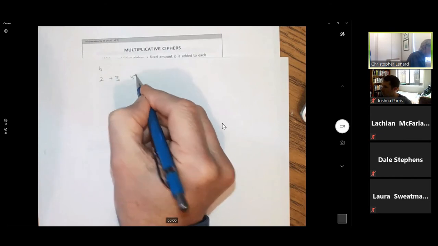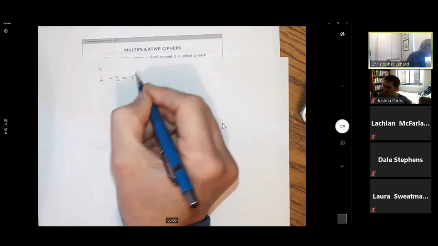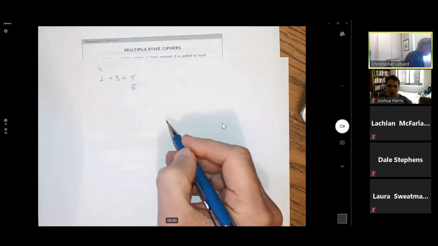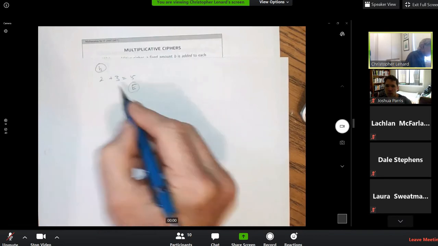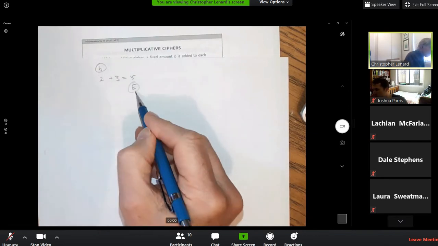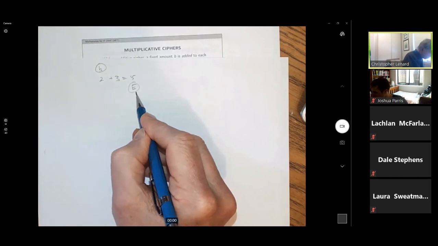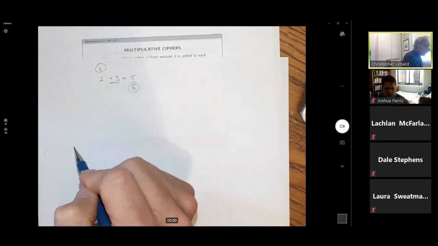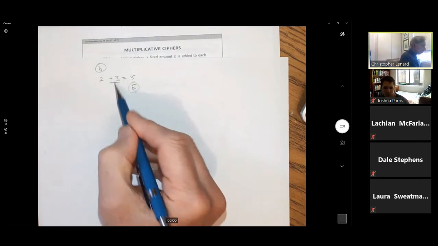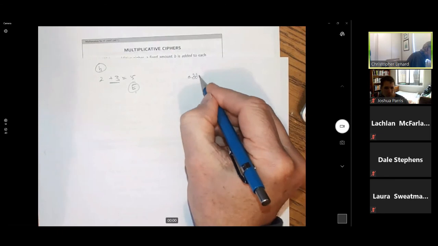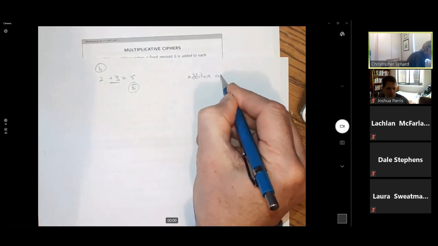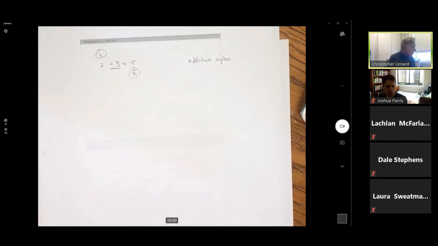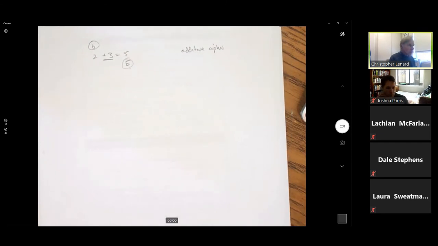We got 5, and that converted into A, B, C, D, E. That converted into E. So plain text B got enciphered, be very careful, enciphered into E. And we used the same addition each time. So this is why we called it an additive cipher.